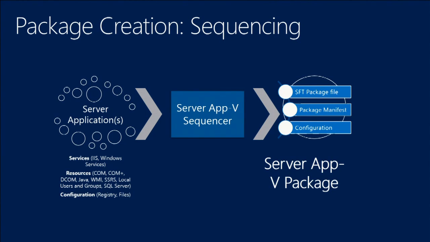You get a manifest, which contains some metadata that VMM needs to understand what to do with the package. And you get a separate configuration file, which contains all of the different configuration values that you'll set individually per deployment. All these things together get copied to a machine, deployed with PowerShell or with VMM, and that's what you do to get your applications up and running after they've been packaged with Server AppV.